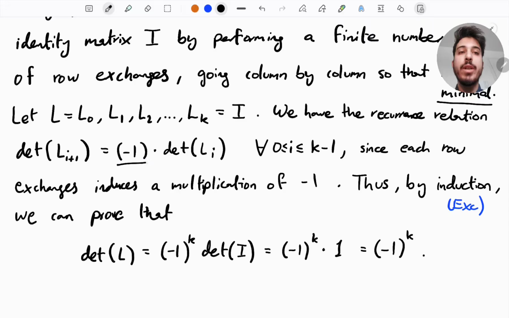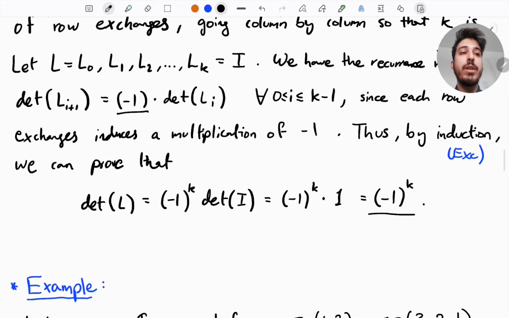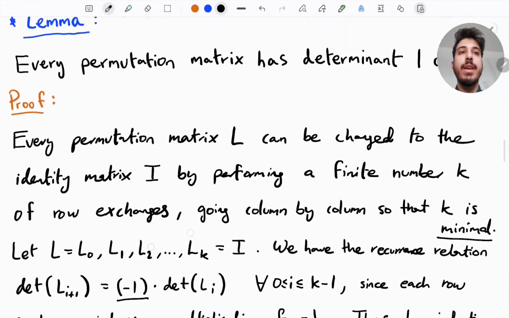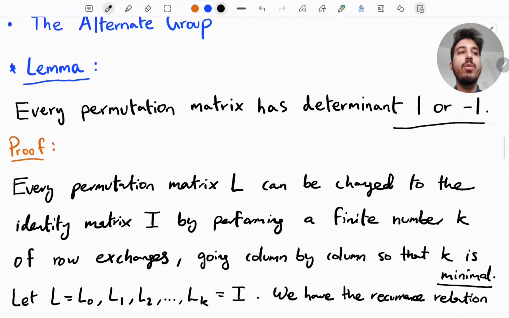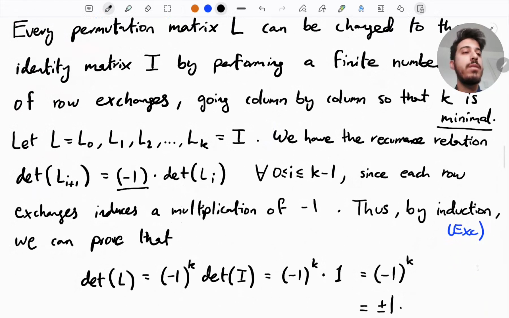So we have a minus 1, and then we repeat the process to have another minus 1, and then another minus 1 in the product, until we get k of these, which we multiply by the determinant of the last matrix in the sequence. And that is equal to (-1)^k, but (-1)^k is either 1 or minus 1, which completes the proof of our lemma, saying every permutation matrix has determinant 1 or minus 1.